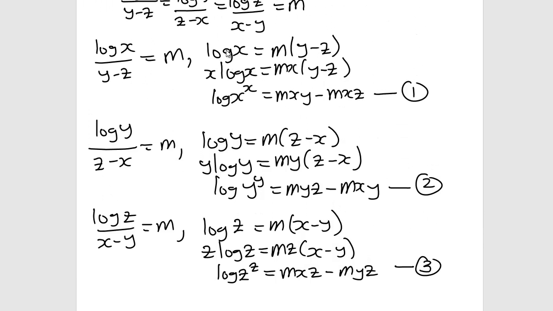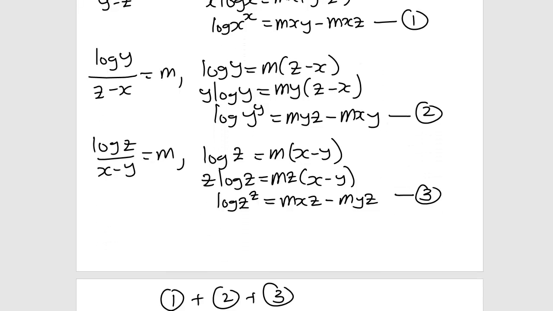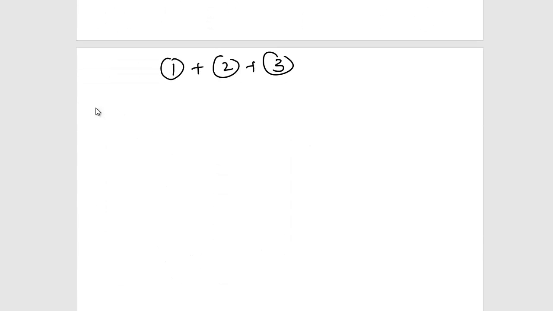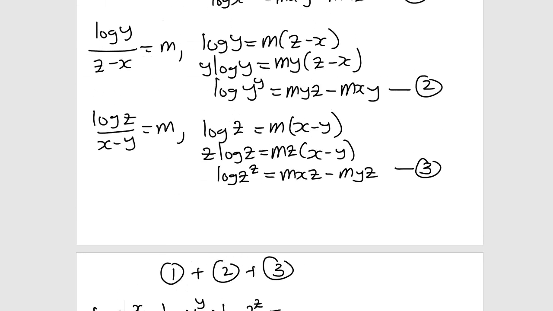With the left hand side, we are having log of x to the power x plus log of y to the power y plus log of z to the power z is equal to, then we add the right hand side also.